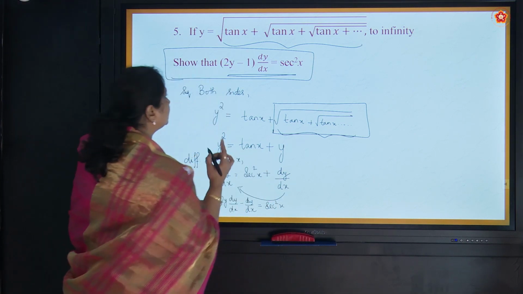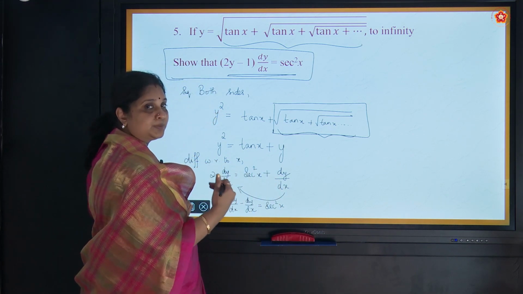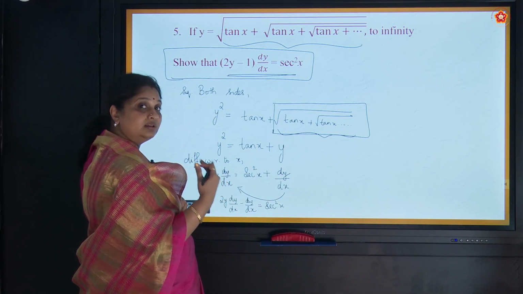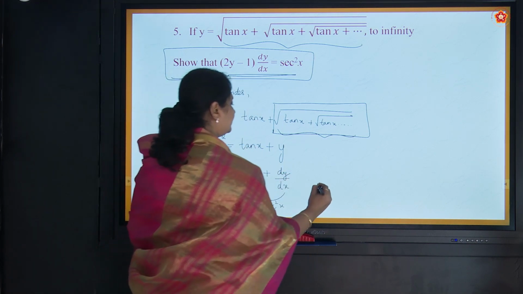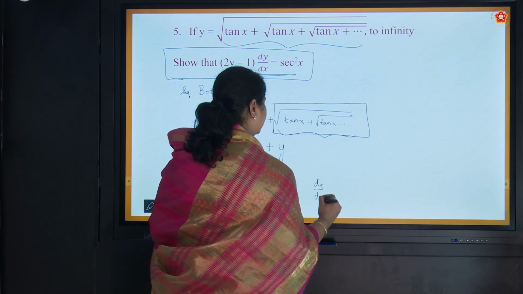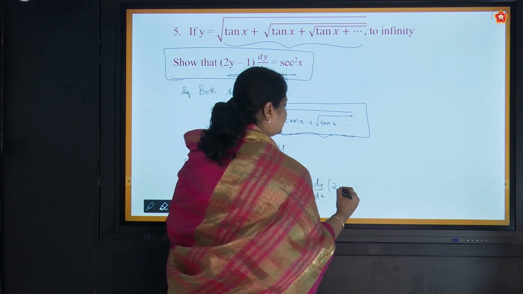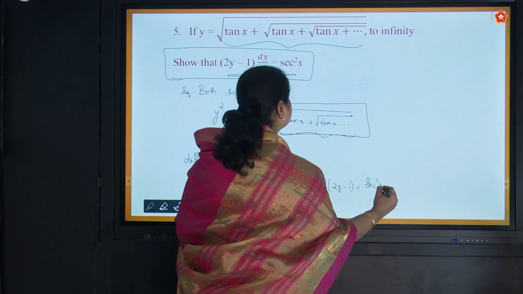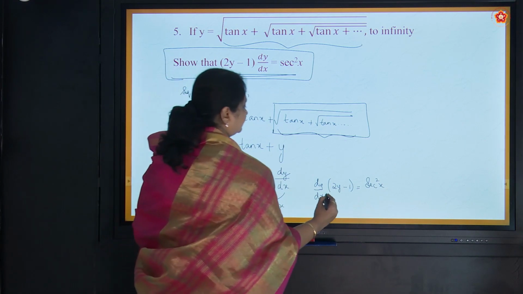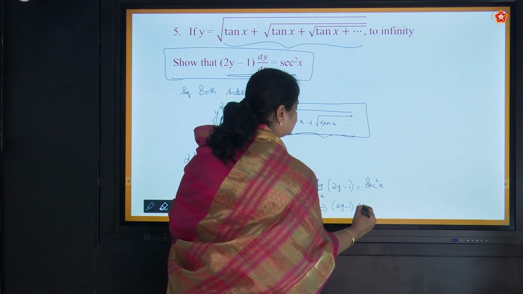So whenever there are show that such type of problems, you need to rewrite and express it in the given way, as per the question. Okay. So now here again I can take dy by dx common outside. I get dy by dx into 2y minus 1, right? When I factorize it, that's what I get. So this is equal to secant square x, or this implies 2y minus 1 into dy by dx.